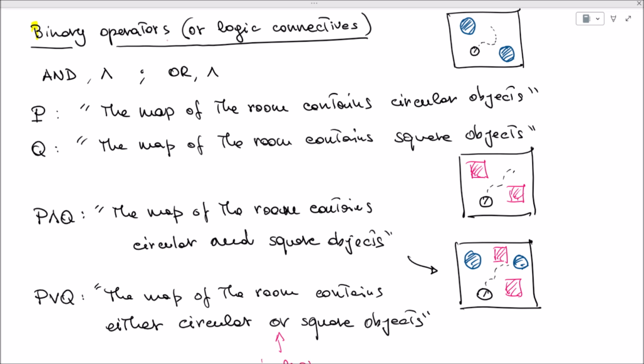It is inclusive in the sense that the proposition P or Q is true if the room contains only circular and not square objects, it contains square objects and not circular, or it contains both circular and square objects. So all these three possible combinations give rise to a new proposition which is true.